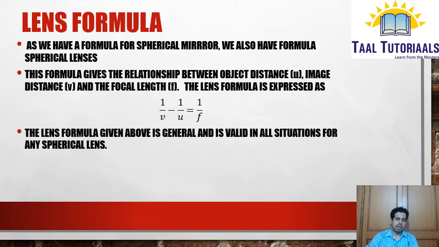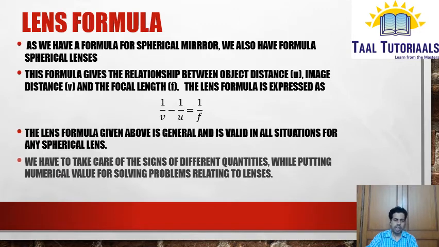The lens formula given above is general and valid for all situations, for all spherical lenses. Whatever the case, like we have seen in the last lecture, so many cases, wherever you keep the object, you can apply this formula and get the other parameters, whether v needs to be found or f needs to be found.